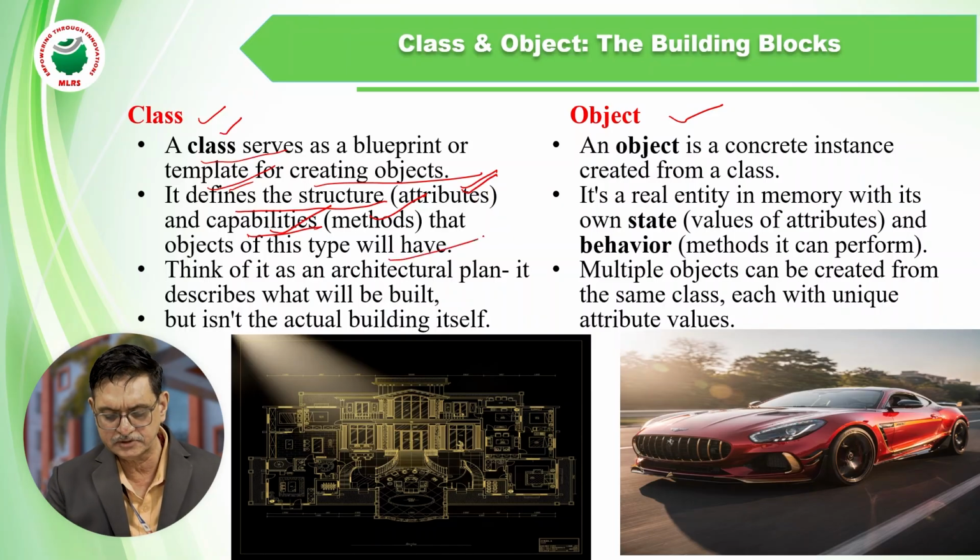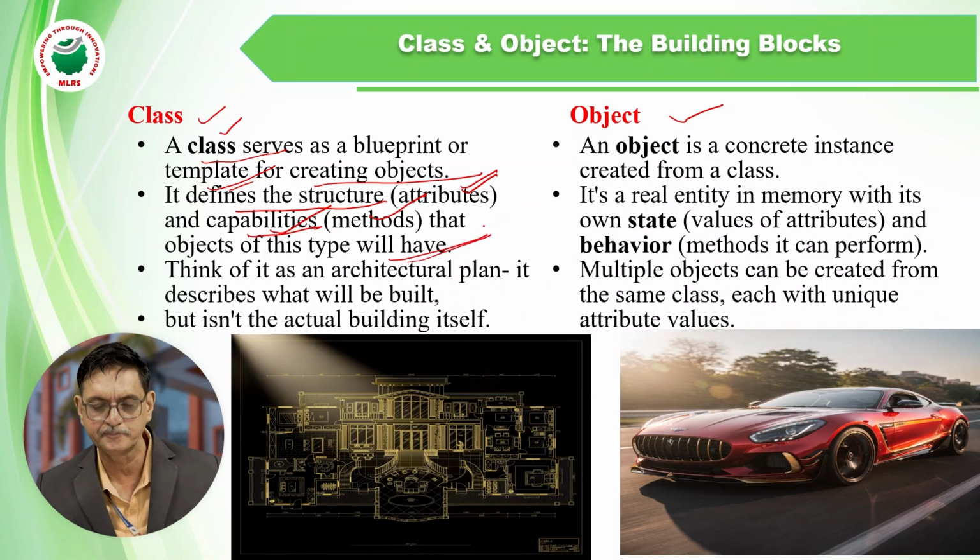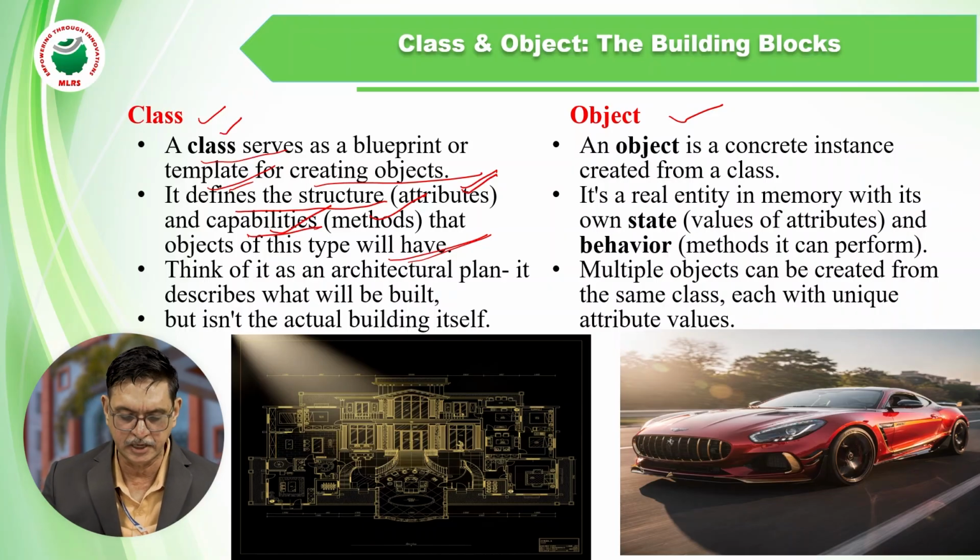Whatever objects we are going to create, even with polymorphism and different types, we identify all the required attributes and capabilities that the object should possess. So think of it as an architectural plan. It describes what it will be built like.